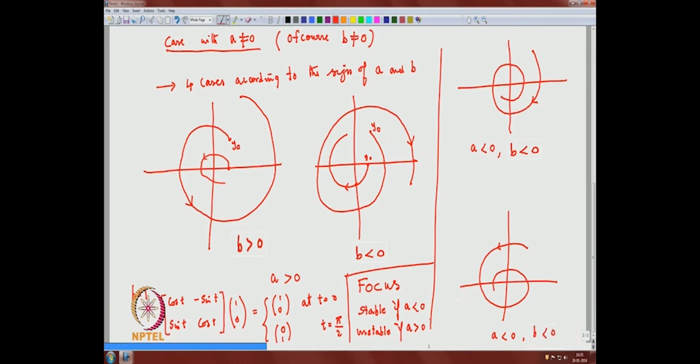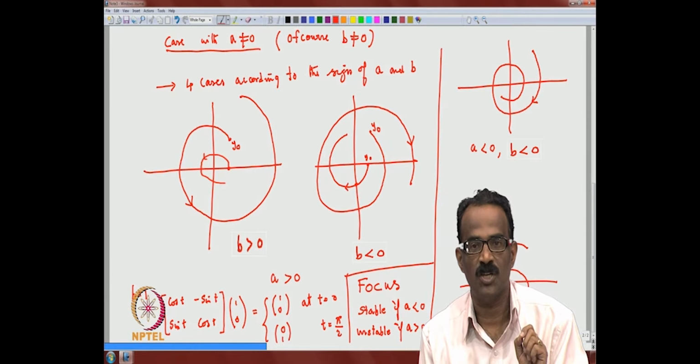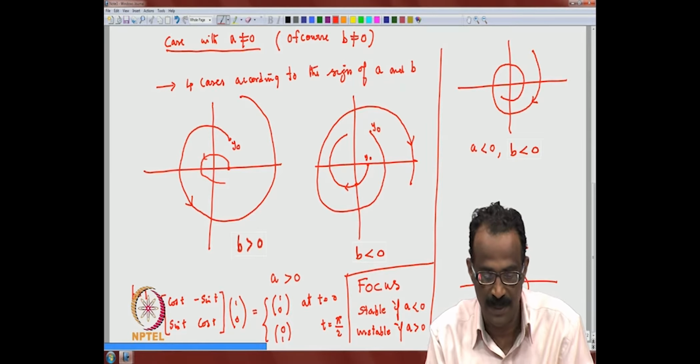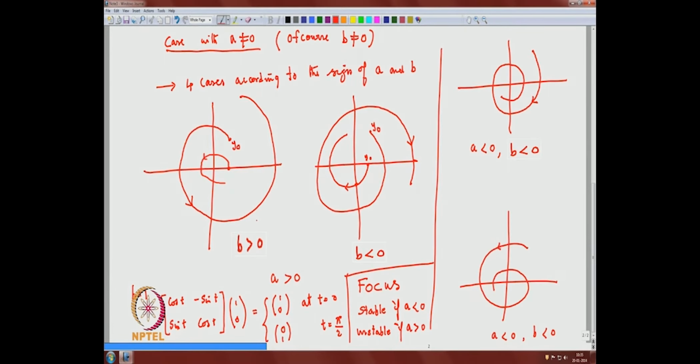The sign of the complex part determines the orientation of the trajectory. So the focus is unstable in the first 2 figures, and it is stable in the next 2 figures. We are left with one more case, with A equal to 0.